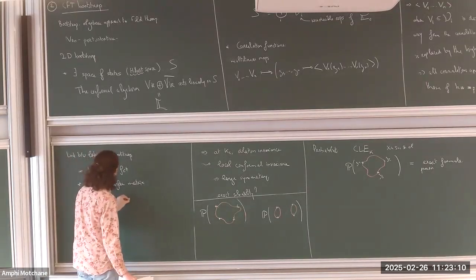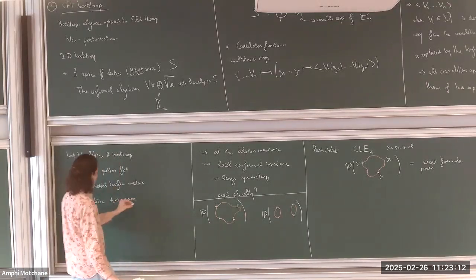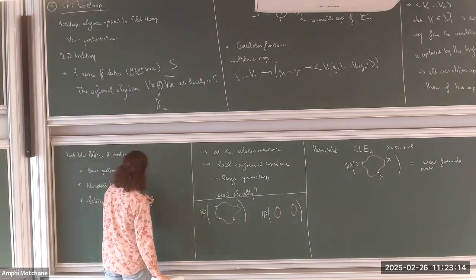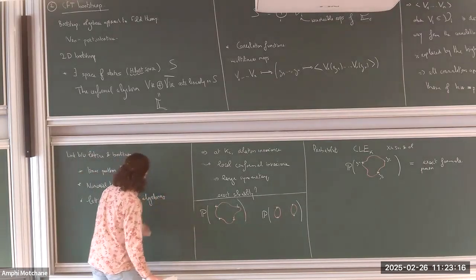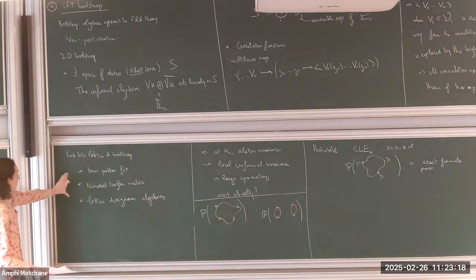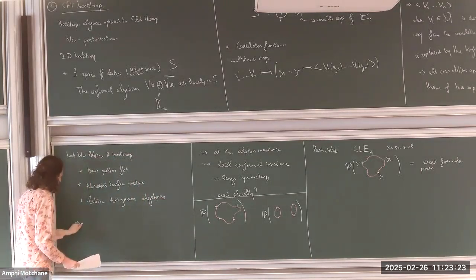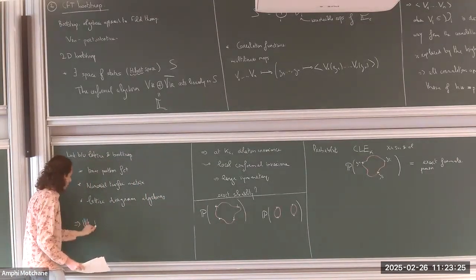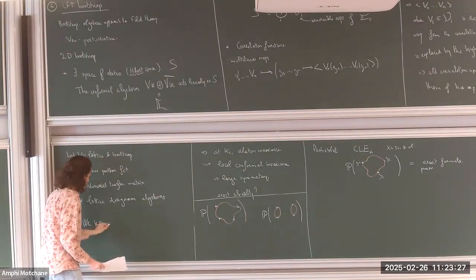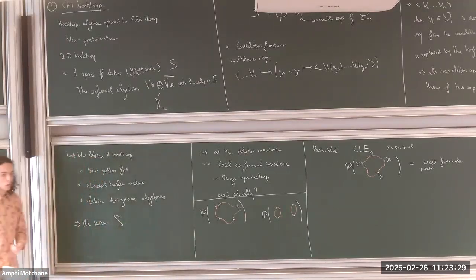So these are just words for the people who have heard about them. I will not explain what they are. But in any case, the result of these techniques is that we know exactly the spectrum. So we know all of the conformal dimensions. We know exactly what representations of the conformal algebra come with them.